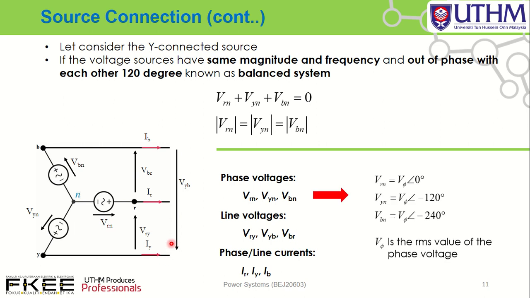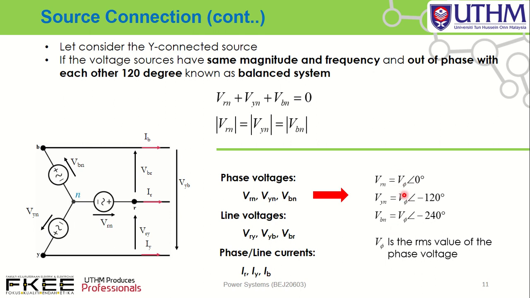For example, let's say in the balanced system we have VRN equal to V angle 0. Sometimes in circuit analysis we use the RMS value, and sometimes we use the magnitude or amplitude value, but commonly we use the RMS value for the analysis.